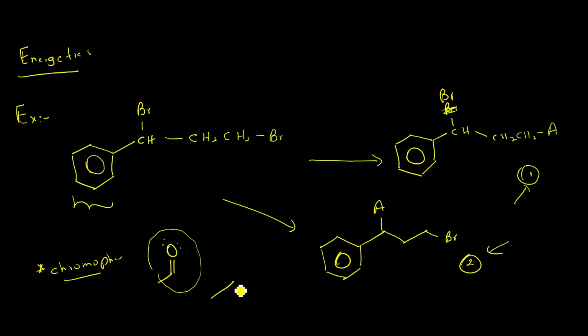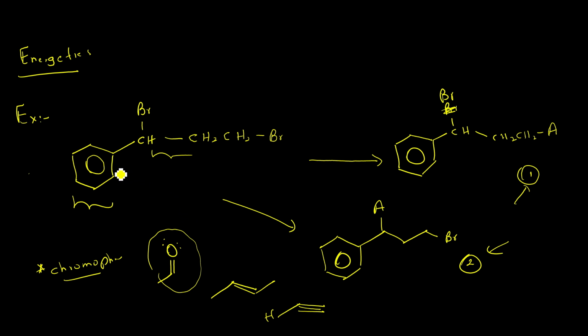And if your molecule has double bonds or triple bonds, these are good chromophores. These can absorb light. But a single bond between these two carbons is not a chromophore, right? So these are the points you need to identify. We will look more into the details of the π to π star transitions later. For now I need you to get the idea of the basic definition of a chromophore.